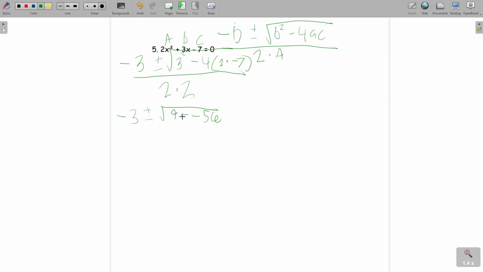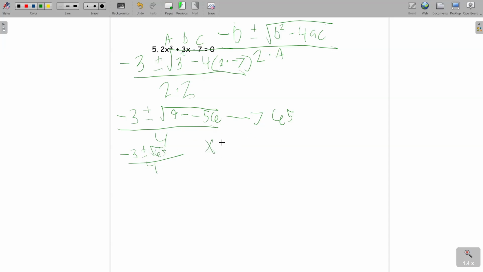And because it's 9 minus negative 56, this is going to be equal to 65, right? And then under this, 2 times 2 is 4. So really, this is going to look like negative 3 plus or minus the square root of 65, divided by 4. But because there's a plus or minus, we're going to have two answers.